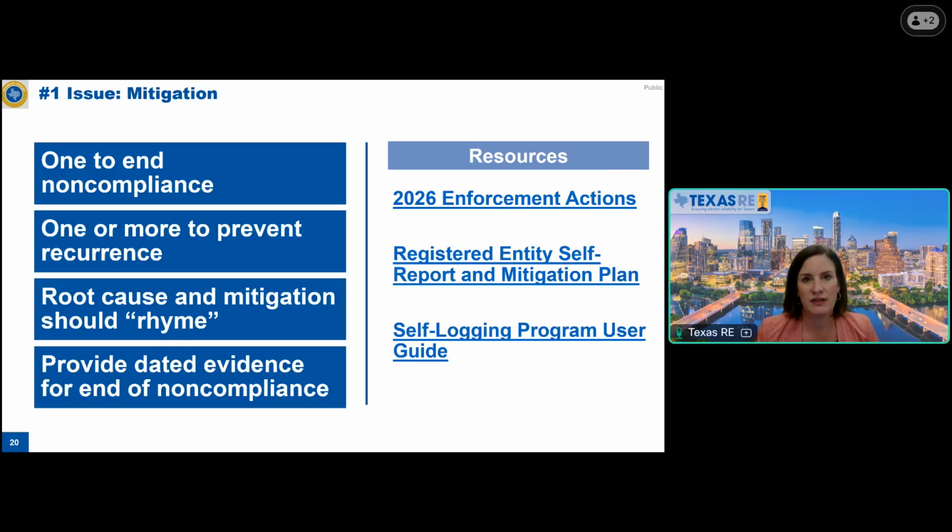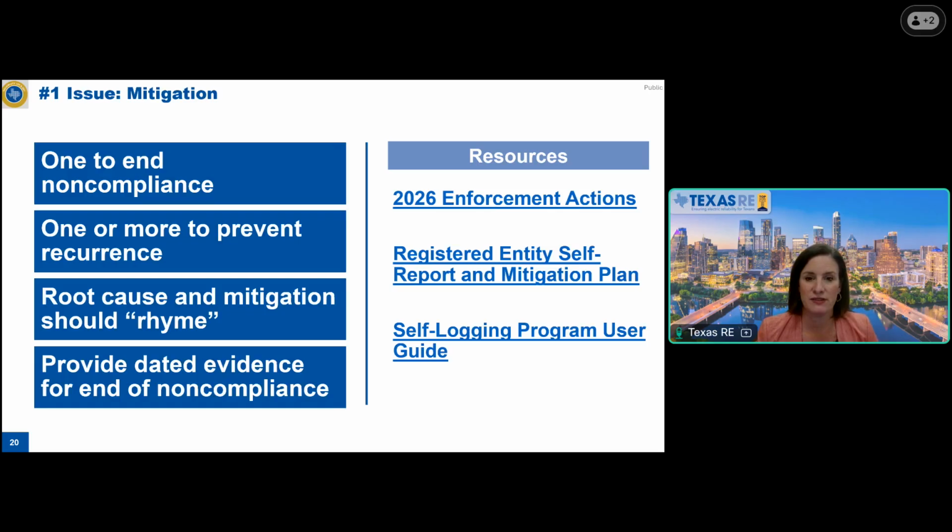The root cause and the mitigation should rhyme. In other words, they're the two sides of the same coin. One is going to fix the other. And you need to provide data evidence for the end of noncompliance. If you can do those 4 things with your mitigation content and your potential noncompliance in a line, then you're halfway there to having an excellent self-report.